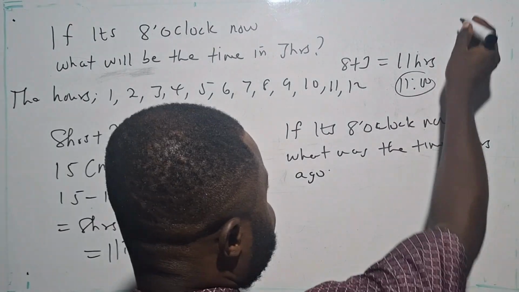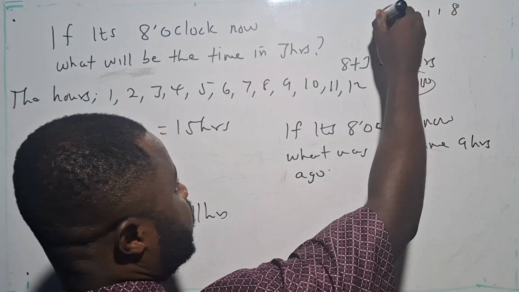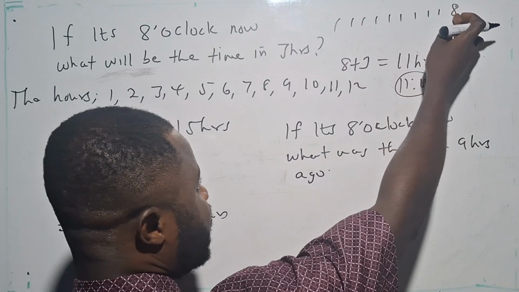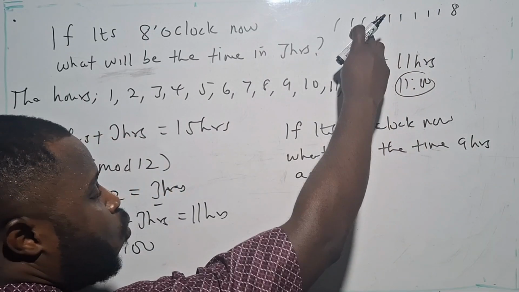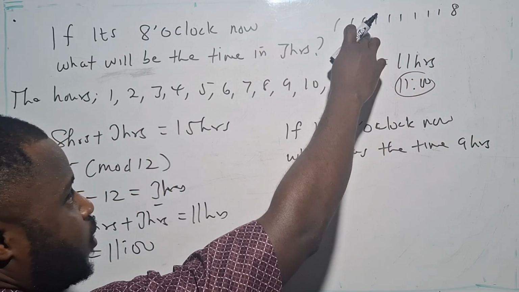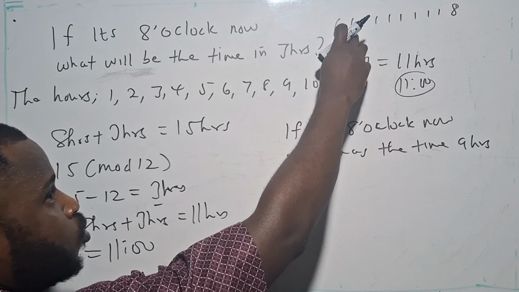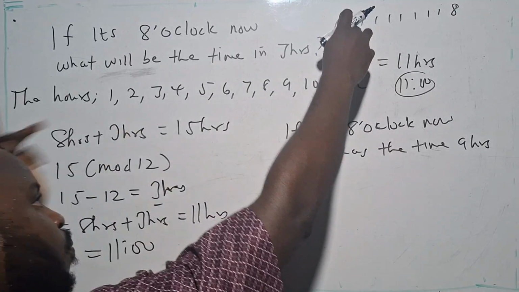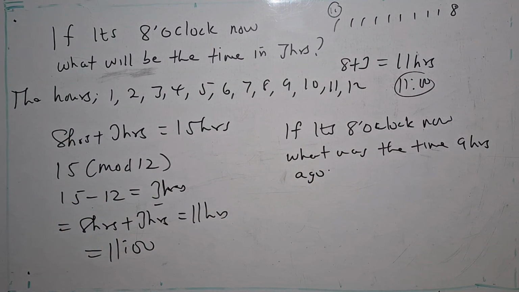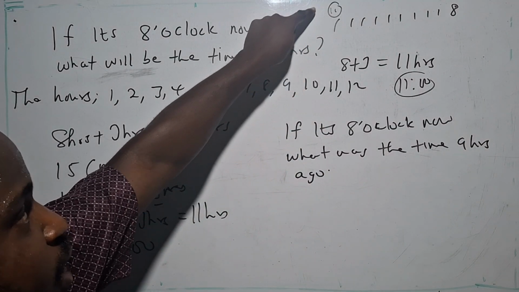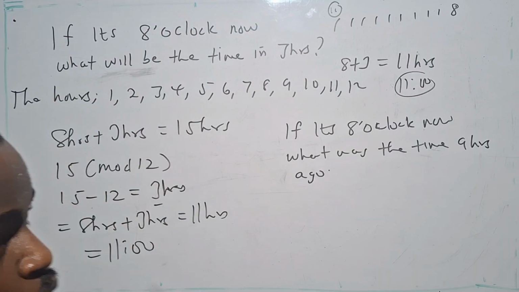So from 8, I have 1, 2, 3, 4, 5, 6, 7, 8, 9. So 8, 7, 6, 5, 4, 3, 2, 1. Then I'll go to 12. When I'm counting backwards from 12, I'm going to get 11, which means 11 o'clock.